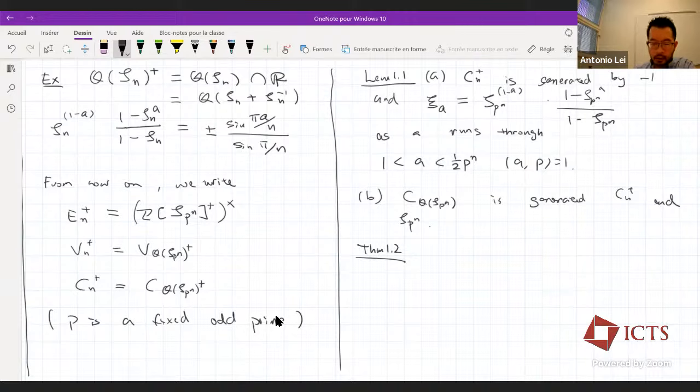The second thing you can prove is that the index of the cyclotomic units inside all the units in the group is finite.